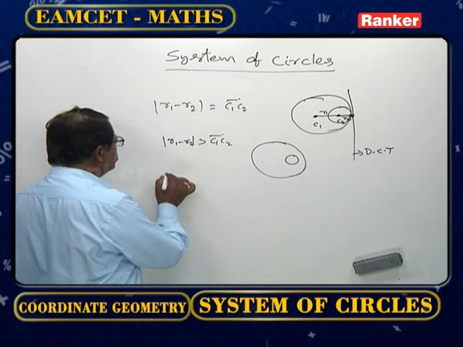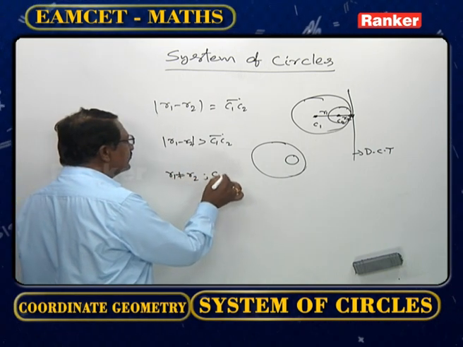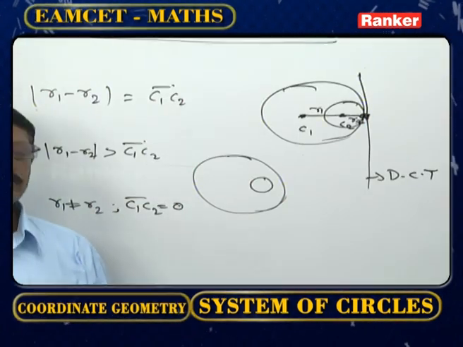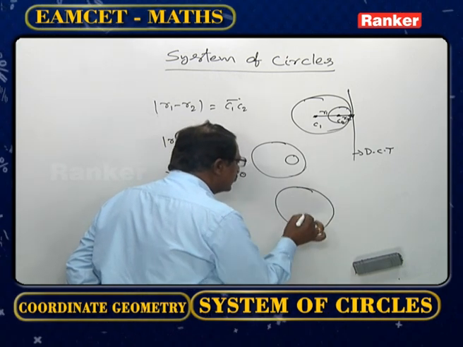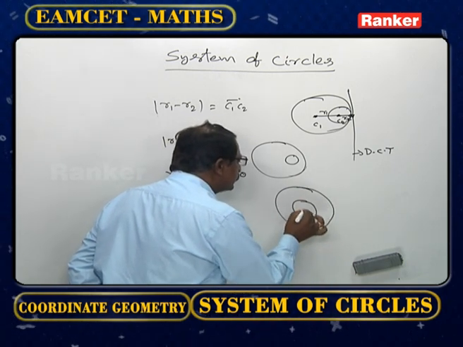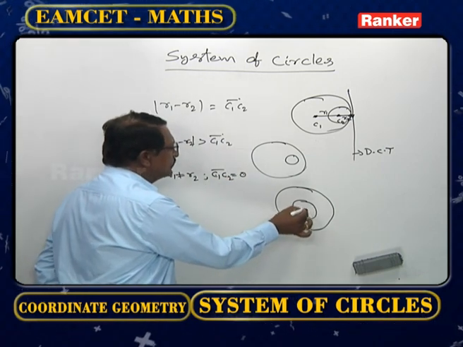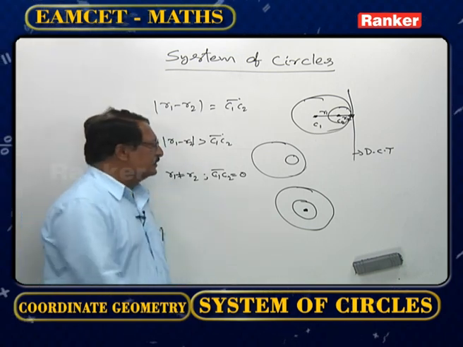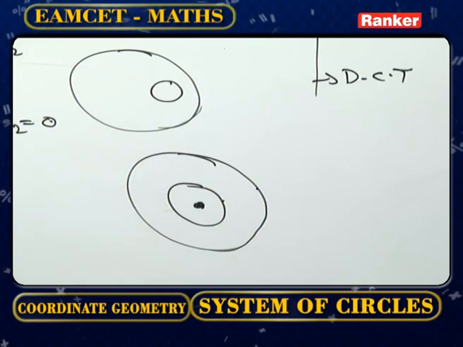If R1 is not equal to R2 and C1C2 equals 0, that is, the distance between centers equals 0, then the circles are concentric, both having the same center but the radius of the first circle is not equal to the radius of the second circle.